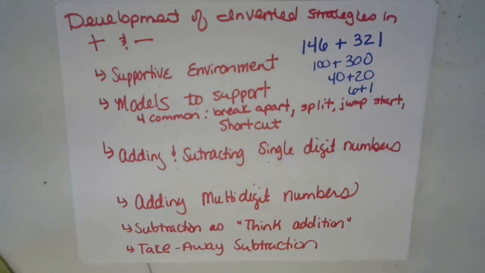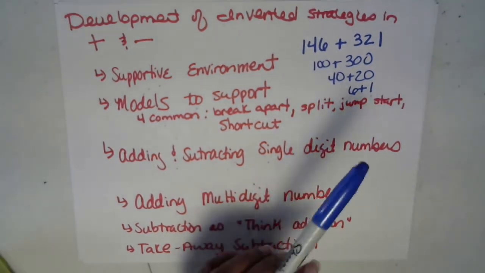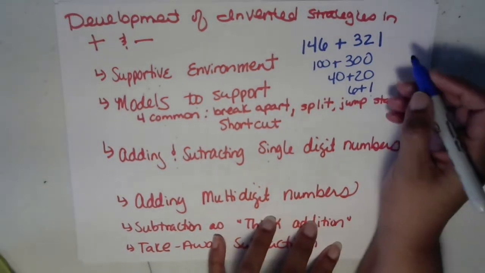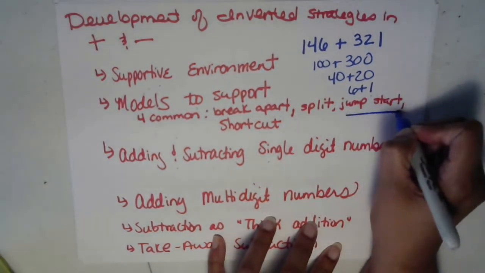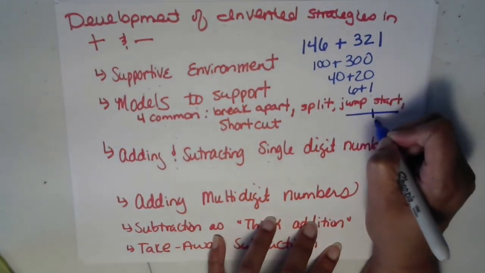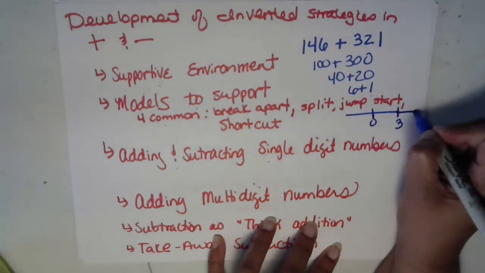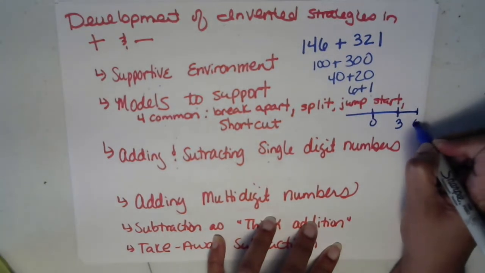The jump strategy, let's put jump start. The jump strategy, not jump start, uses an empty number line, also known as an open number line, and then the students jump. So they start with a number line. They start here.